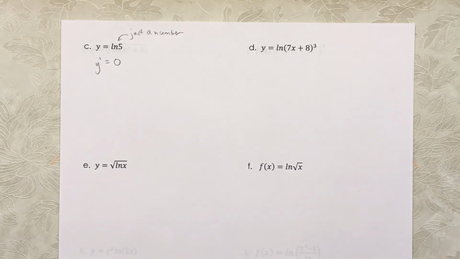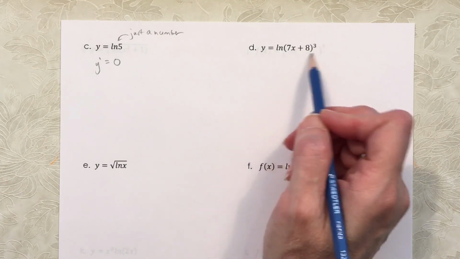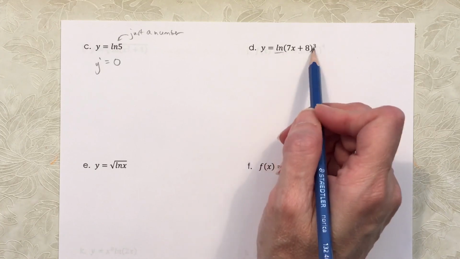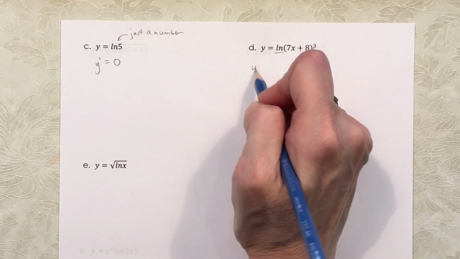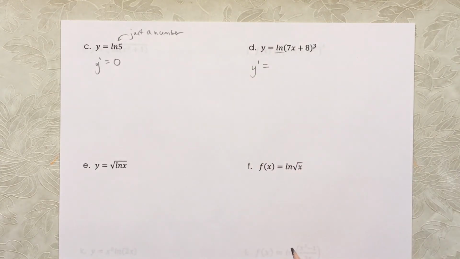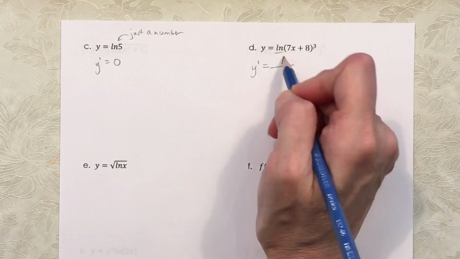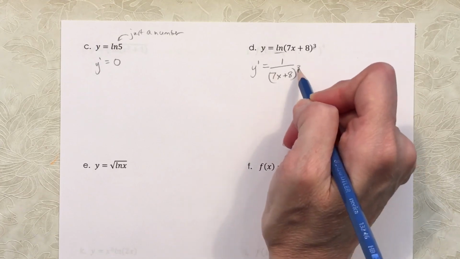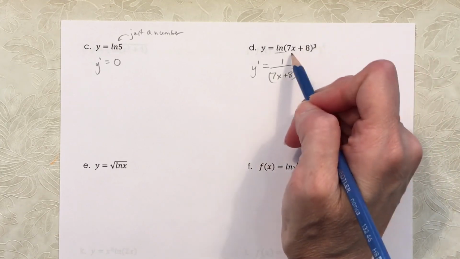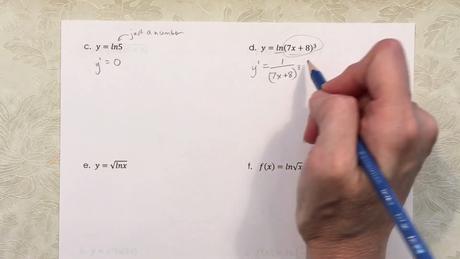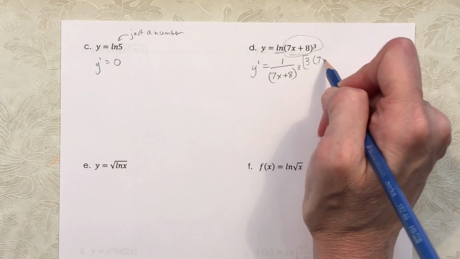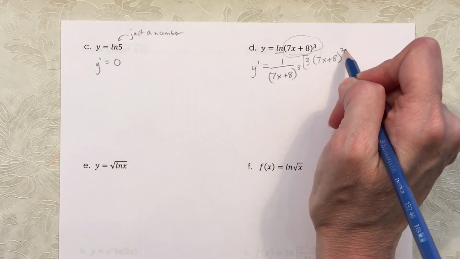For D, y equals the ln of (7x plus 8) cubed. So it's a ln first, the ln of something that happens to be cubed. Following the chain rule, this is going to be a ln with a chain rule inside. So first it's 1 over whatever we're taking the ln of, (7x plus 8) cubed. And then we're multiplying that by the derivative of (7x plus 8) cubed, which is 3 times, I'll put this in square brackets here, 3 times (7x plus 8) all squared.